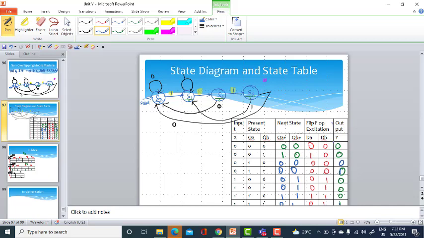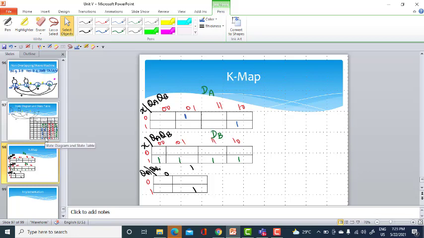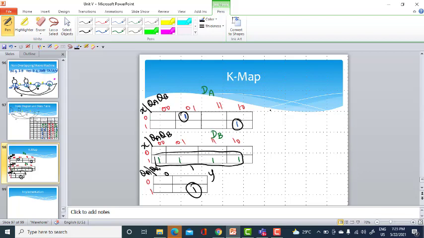The same thing I have filled up here also. Then the K map: by looking at the table of DA, DB and Y, I have filled the K map. Keep in mind, the output does not depend on the input, it depends only on the present state. Hence the K map should be drawn only with the present state alone. Okay, I have filled this up. So this is only one over here, and this I am going to take all the 4, and this individually we will have.